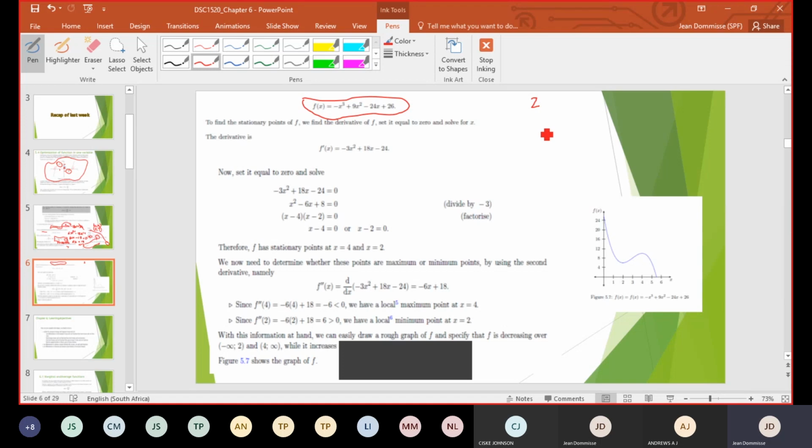And I think the way that we need to look at this is, if your highest x is to the power of 3, you will have 2 turning points. If your x is to the power of 2, you will have 1 turning point. And that's why if you have just the straight line, you actually have 0 turning points.